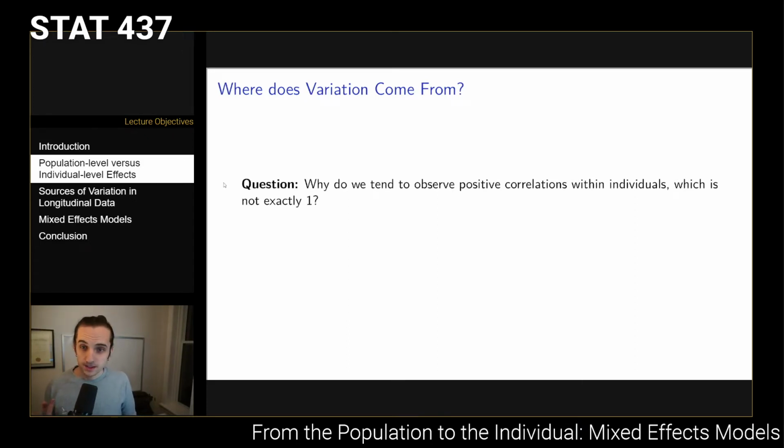And so there's a question that it's worth asking yourselves, and that's when we're thinking about this within subject correlation, why is it that we tend to observe positive correlations within subjects, and why are those correlations not exactly 1? Put differently, if we're going to measure the same outcome on an individual over time, we have said that those measurements are likely to be positively correlated, but they're not going to be perfectly correlated.